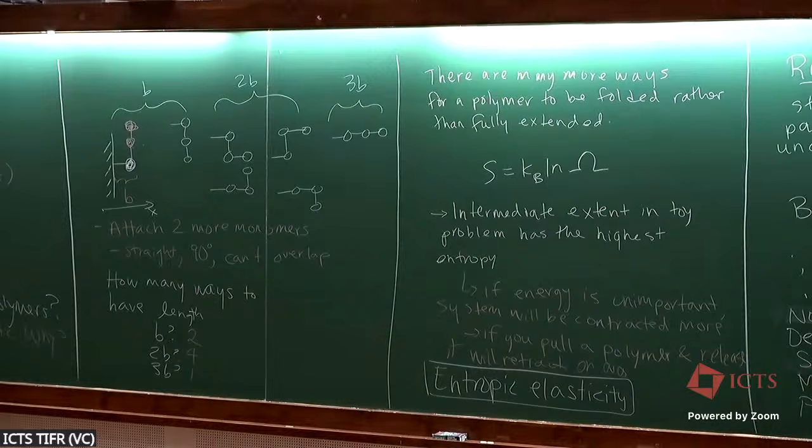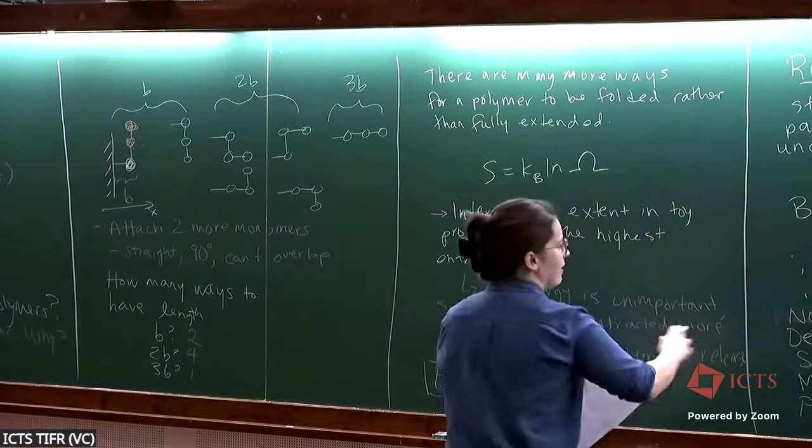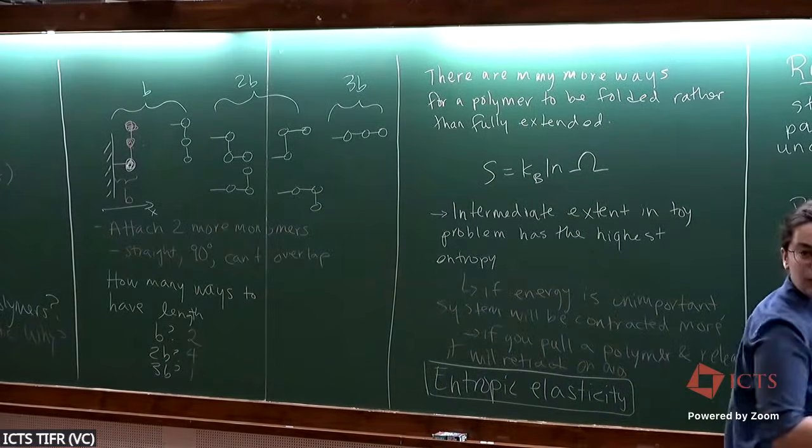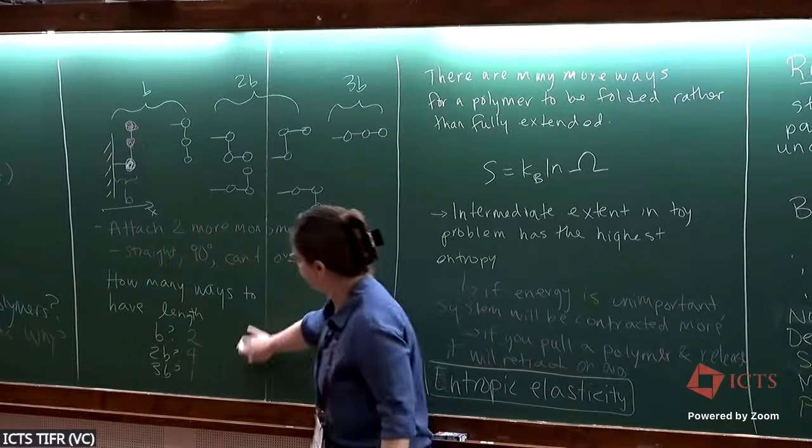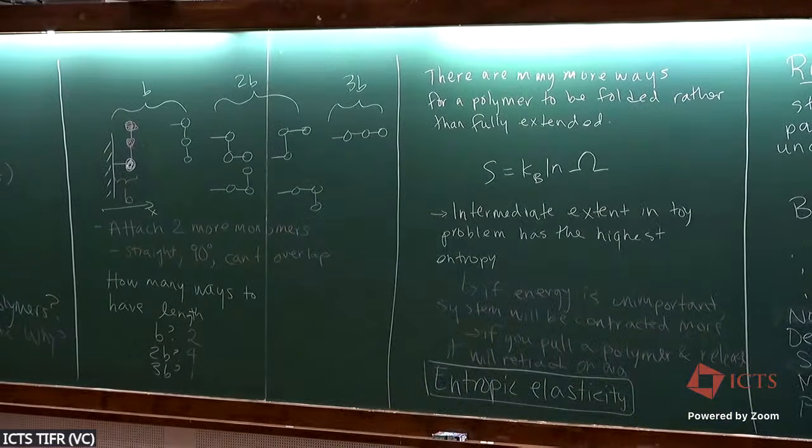So let's dig into that a little more quantitatively. Let's ask the question, what are the statistics of the end-to-end distance of one of these polymers? And then that will give us essentially the advanced version of this toy calculation, and that will allow us to understand what's going on. So that will be our main goal, statistics of the end-to-end length.